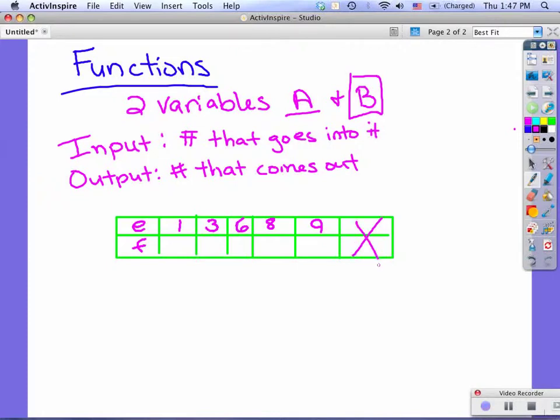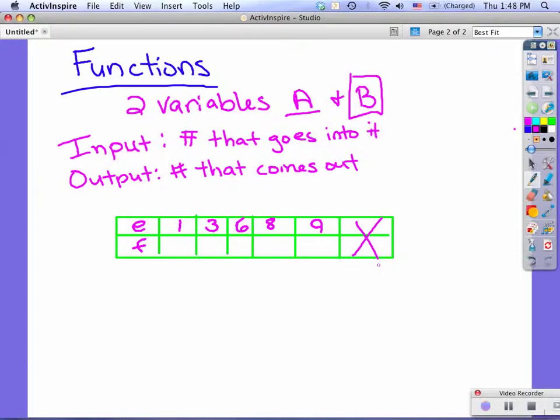What two variables do you think I'm going to be working with today? E and F. Why do you think that E and F would be considered a function? Why do you think these two variables would be a function? What do you think is going to go in the F row?